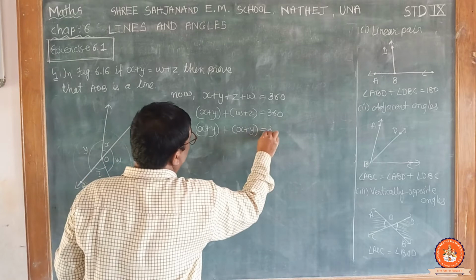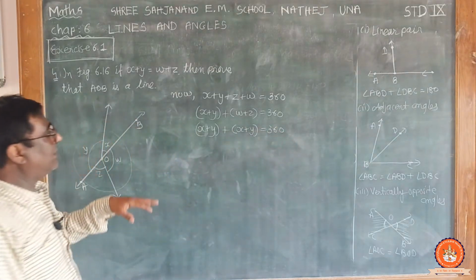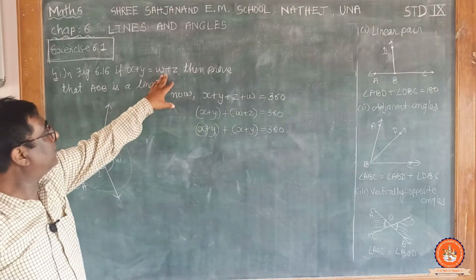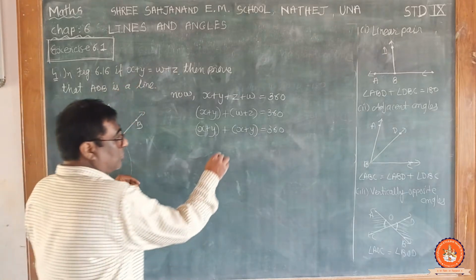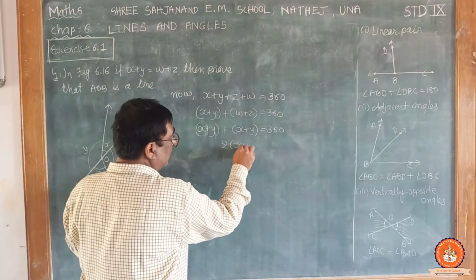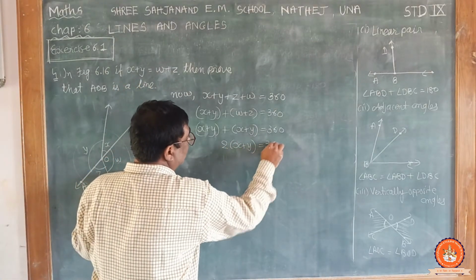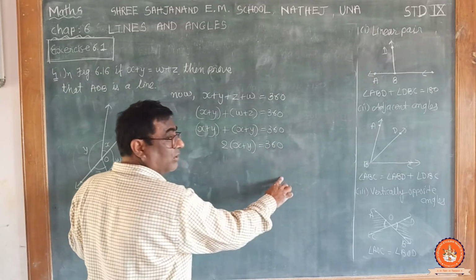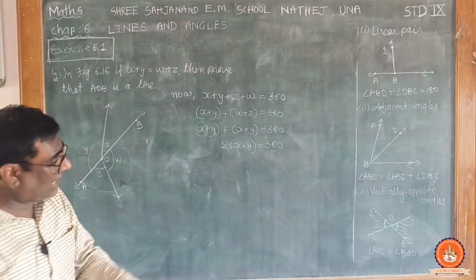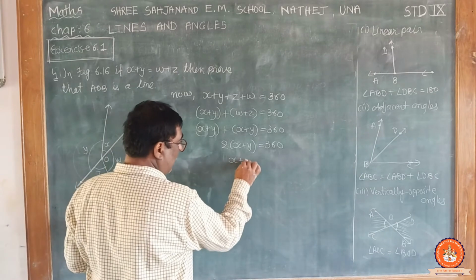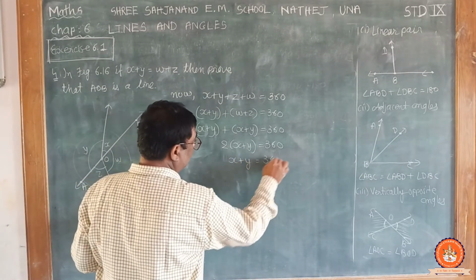It is given, so 2 times x plus y is equal to 360. So moving 2 to the right hand side, x plus y is equal to 360 upon 2.